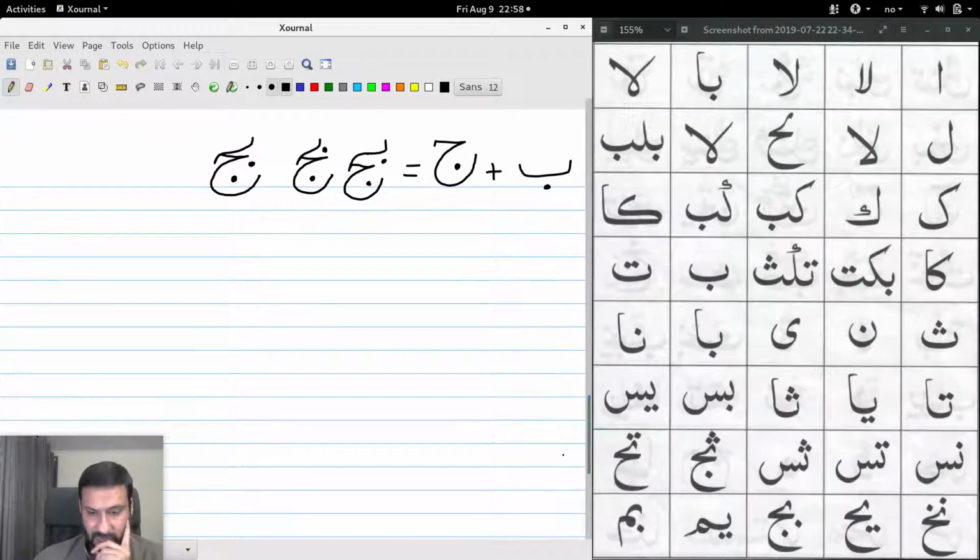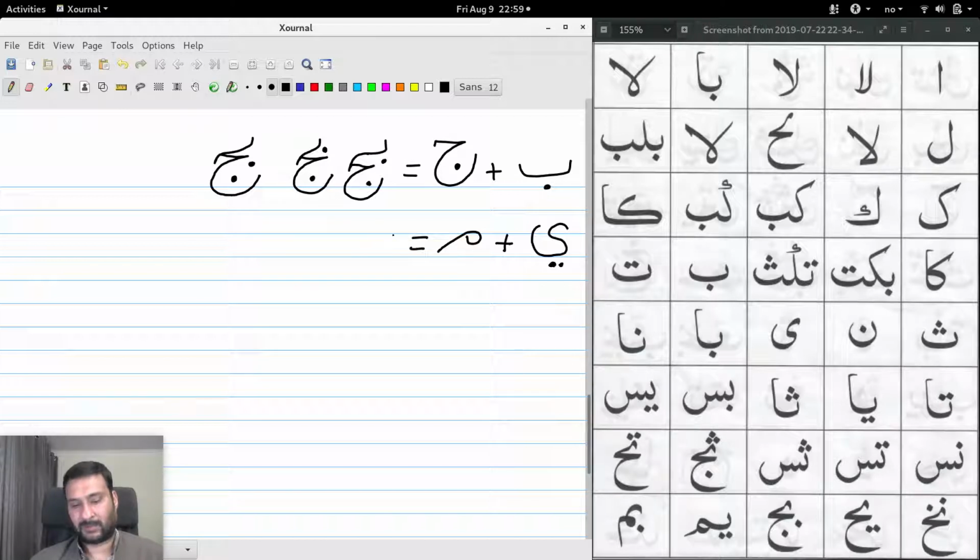Then comes another word, this is ya and mim. This is fairly easy. This is ya plus mim. Okay, so this becomes ya. We know that ya has this form if it's in the beginning of the word, and mim has this form. So forgive me.